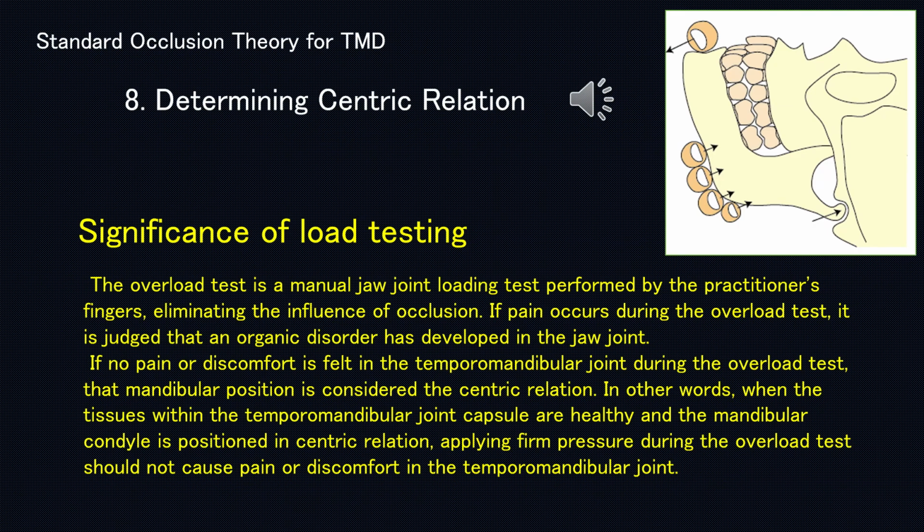If no pain or discomfort is felt in the temporomandibular joint during the overload test, that mandibular position is considered the centric relation. In other words, when the tissues within the temporomandibular joint capsule are healthy and the mandibular condyle is positioned in centric relation, applying firm pressure during the overload test should not cause pain or discomfort in the temporomandibular joint.